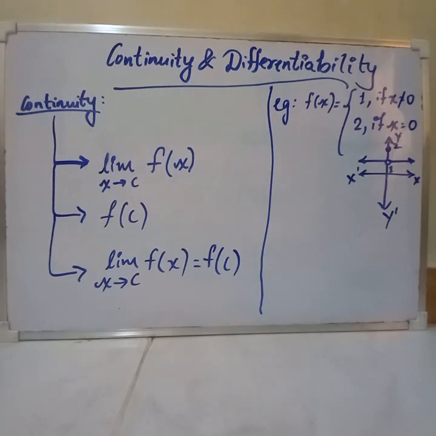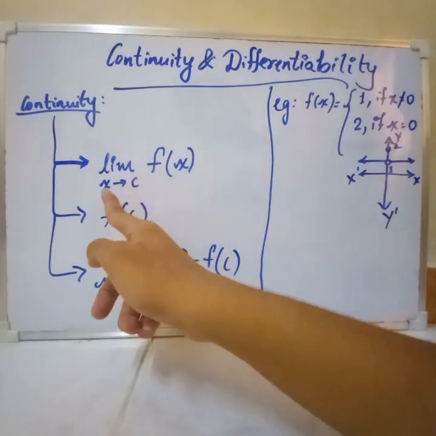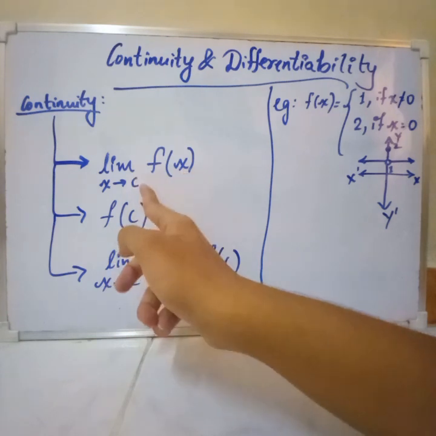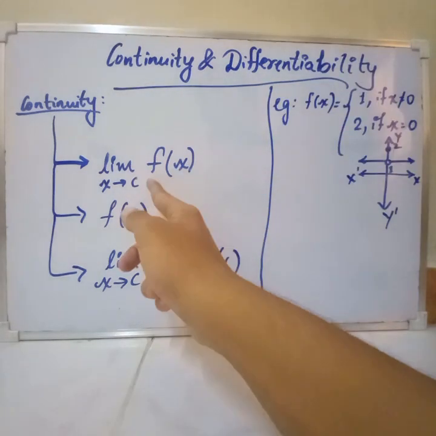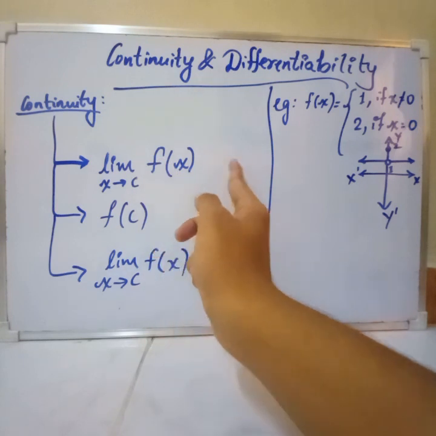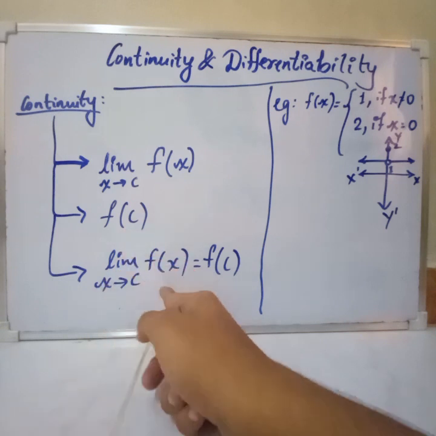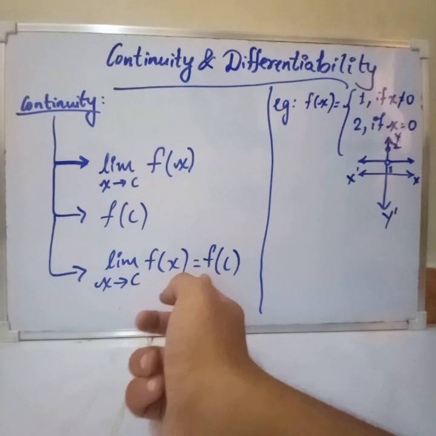So first of all, to find if a function is continuous at a particular point, what we have to do means, first we have to find the limit of the function as x tends to that point, and we have to check there will be a right limit and left limit, and we have to check if they are equal. If both of them are equal, if the right limit is equal to the left one, then we have to find f of c, and we have to check if both these things, if they are available, are equal or not.